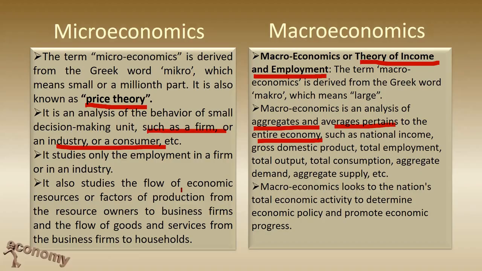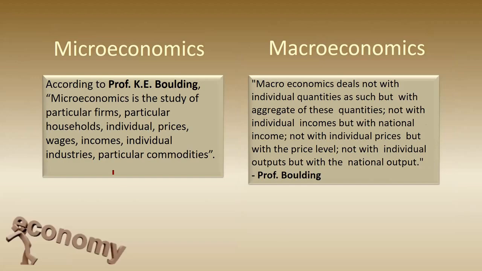It studies the flow of economic resources or factors of production from the resource owners to business firms. It relates to the flow of goods and services from business firms to households, whereas macroeconomics looks at the nation's total economic activity to determine economic policies and promote economic progress. Whenever we are discussing the total economy, it is called the macroeconomic approach.